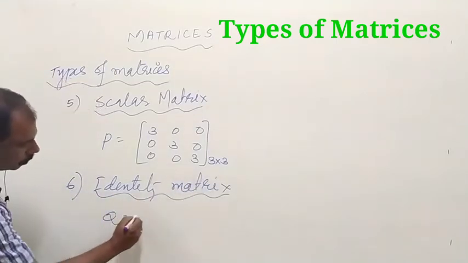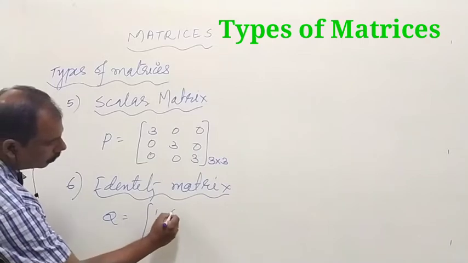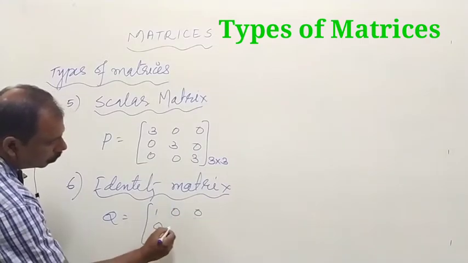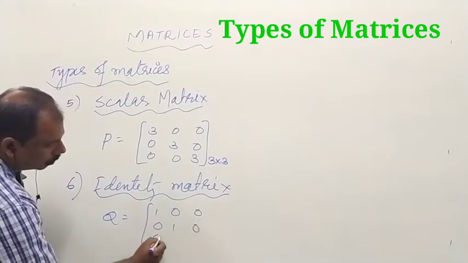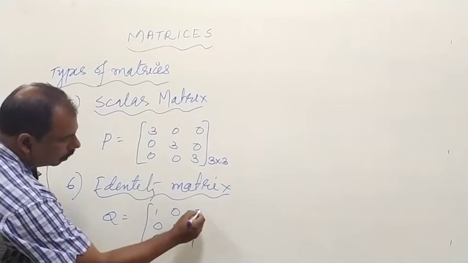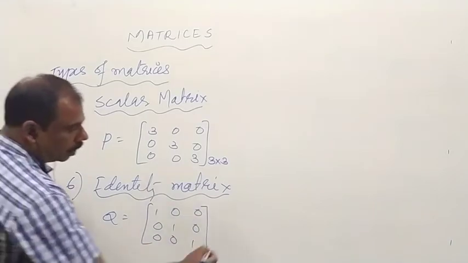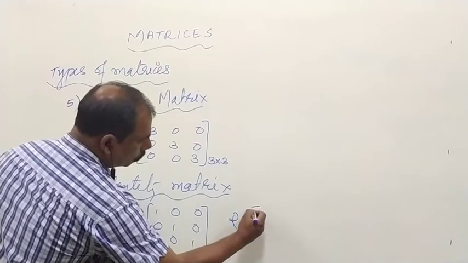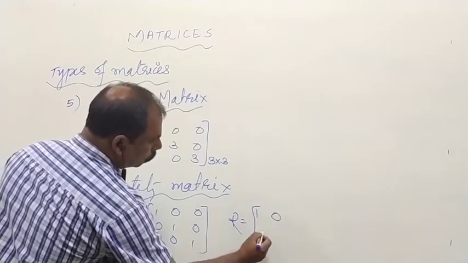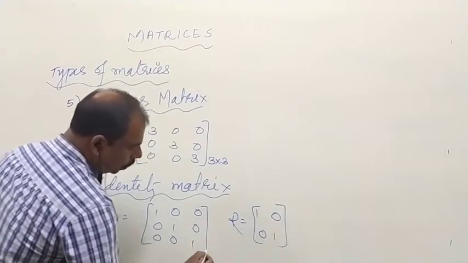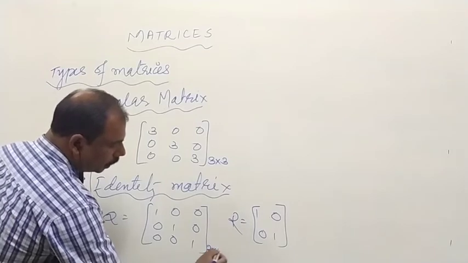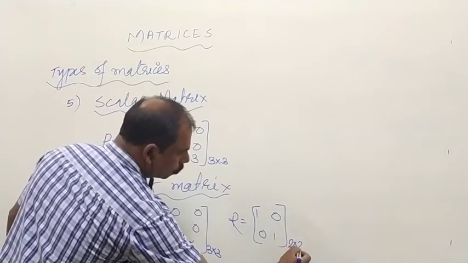Let Q be equal to the matrix 1, 0, 0, 0, 1, 0, 0, 0, 1, and R be equal to the matrix 1, 0, 0, 1. We know that Q is of order 3 by 3 and R is of order 2 by 2.